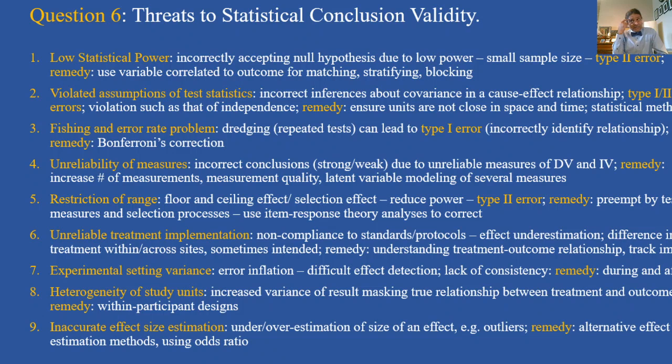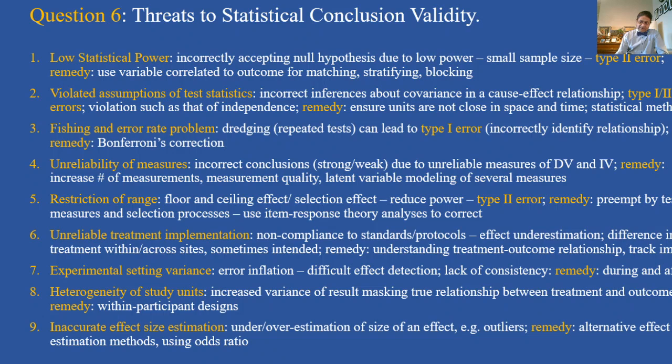The proposed remedy is to ensure that the study units are separated by space and time, and there are also statistical methods that are used to counter such violations after the fact, that is, after the study during analysis.